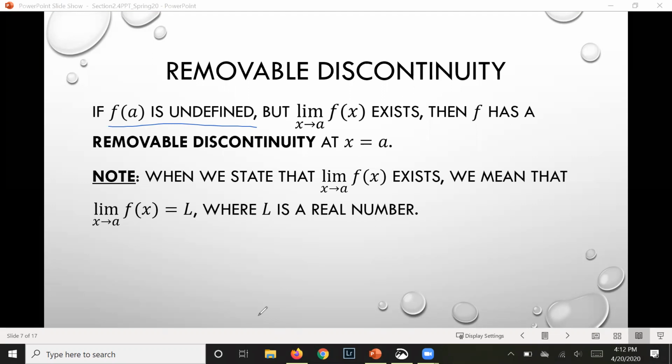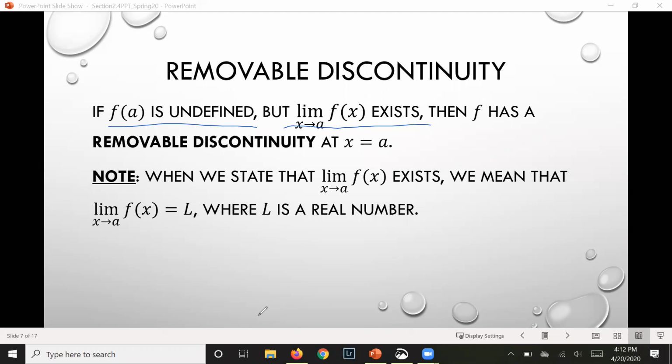So f of 2 was undefined, but if we can plug in 2, or plug in whatever the value of a is and get something, then this definition doesn't apply. But here it says if f of a is undefined, but the limit exists as we approach a, then we say that f has a removable discontinuity at x equals a. So that's the official definition.